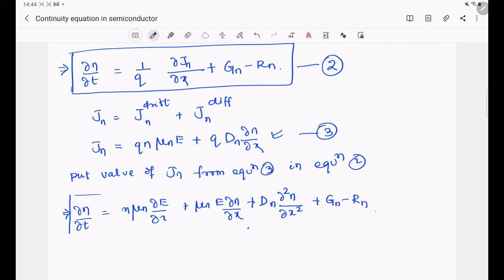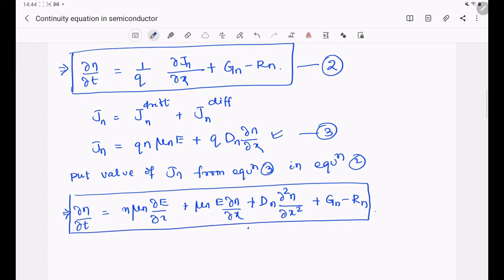So this is your complete equation of continuity in case of semiconductors when we are considering electrons. So for electrons, this is your continuity equation.